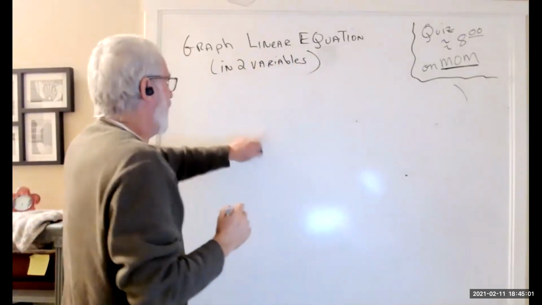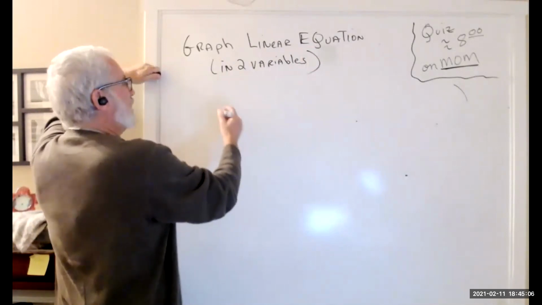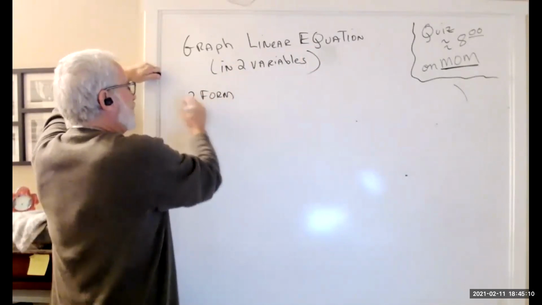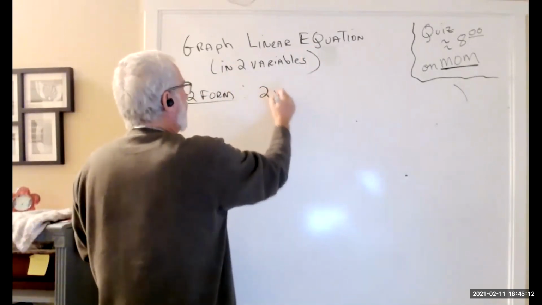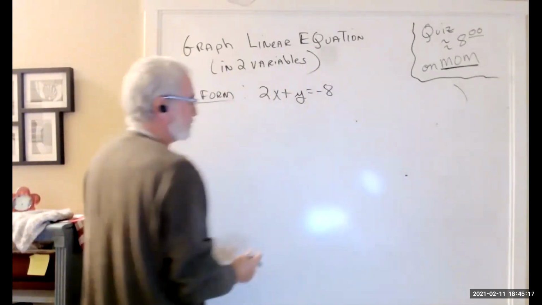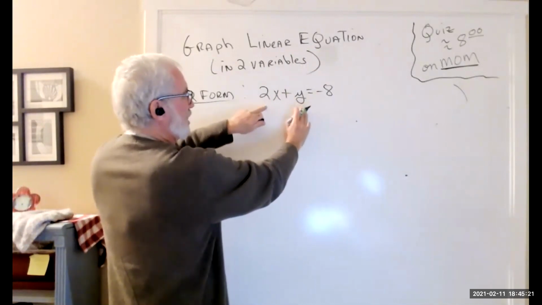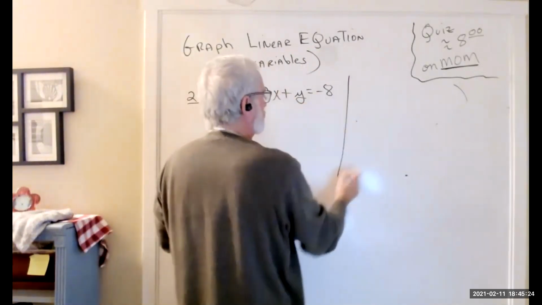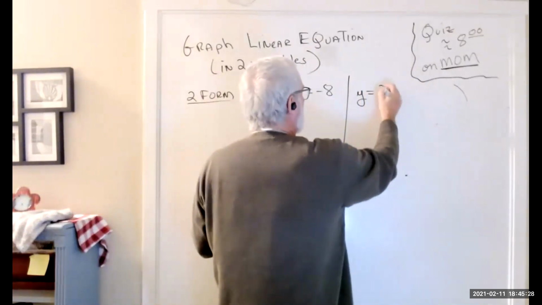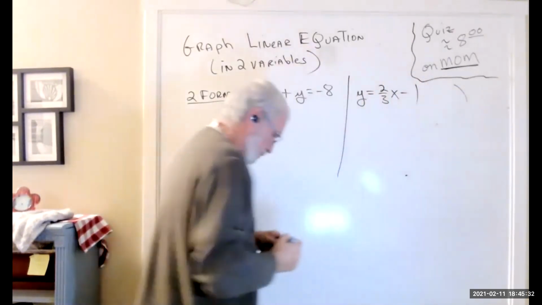Okay. And right near the end of the class, we did two forms of equations. Either it was like 2x plus y equals -8, where x and y were on the same side, or an alternate form, like y equals 2/3 x minus 1, or something like that.